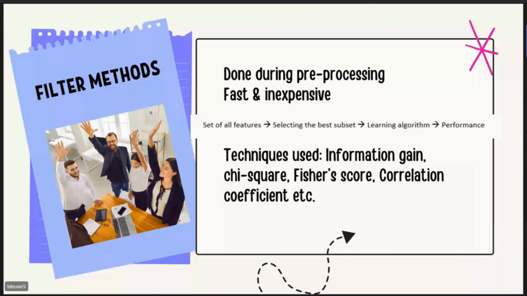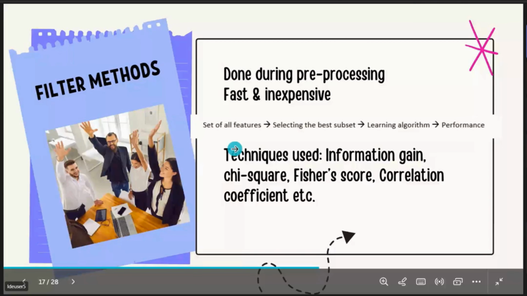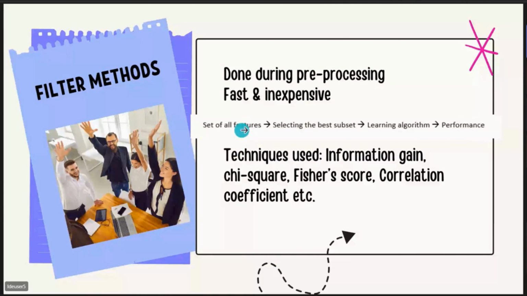So how does your filter method work? First it takes all the features, then selects the best subset from the features, applies the algorithm, and checks the performance. Let's say there are 10 features. It takes all the 10 features together, and from the 10, it is going to assign a score or something for each feature.